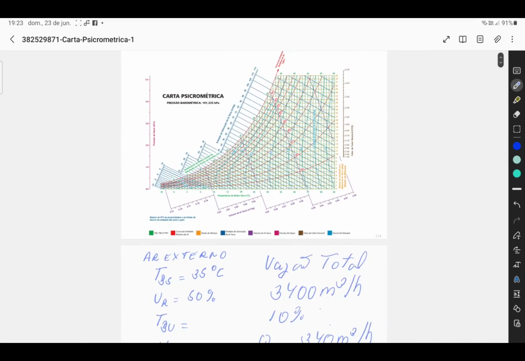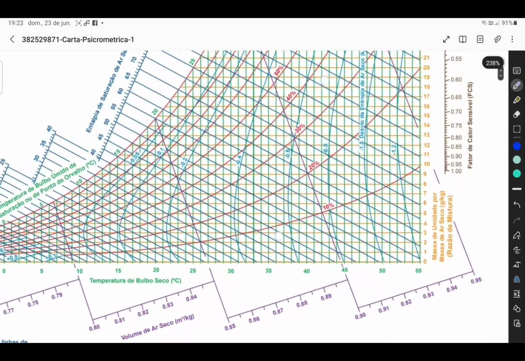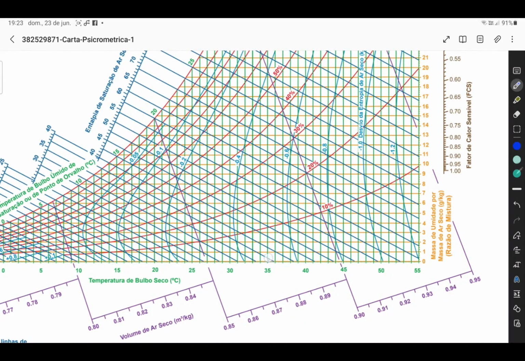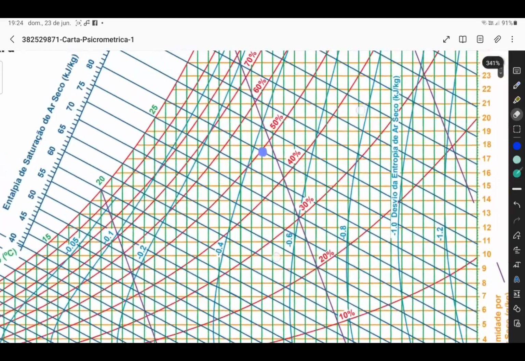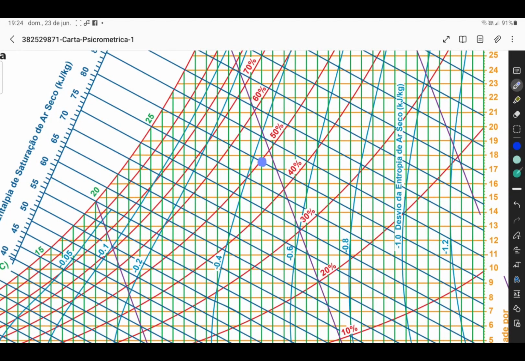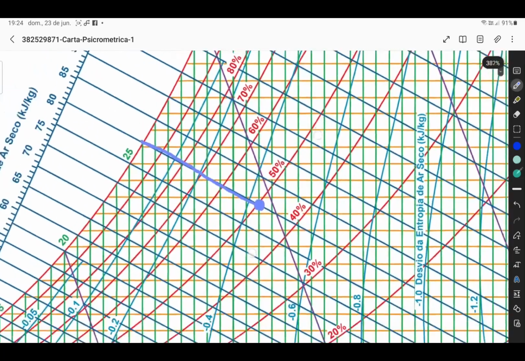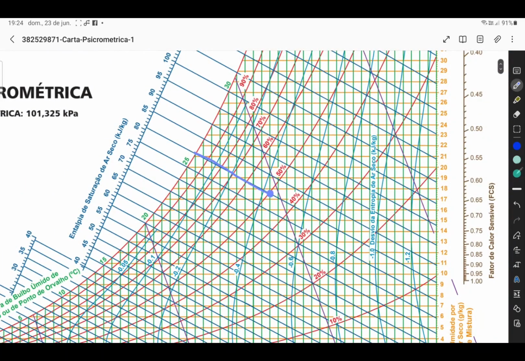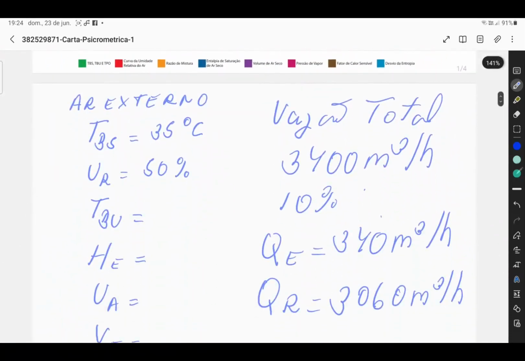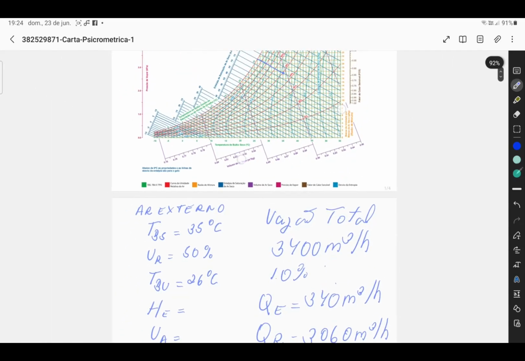My wet bulb temperature is here, so it is about 26 degrees Celsius.